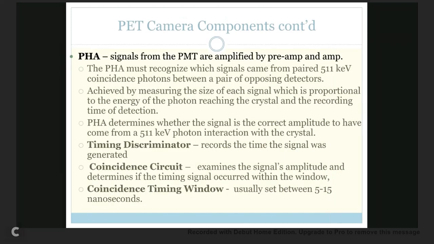Alright, so now you have your pulse height analyzer. The signals from the PM tubes are amplified by the preamp and the amplifier. The pulse height analyzer must recognize which signals came from the paired 511 keV coincidence photons between a pair of opposing detectors.